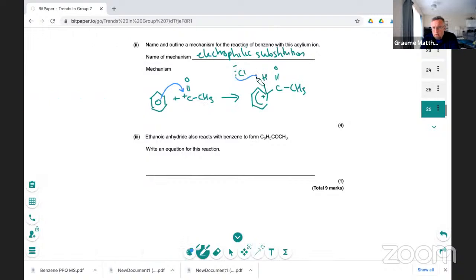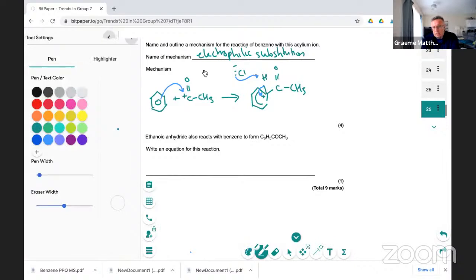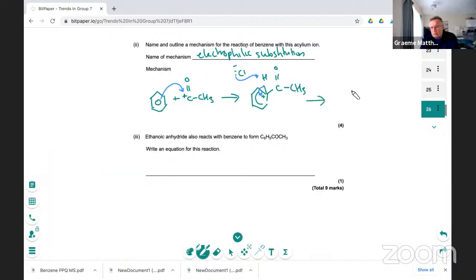Lone pair to the hydrogen. Hydrogen arrow going to the positive. Reform the ring. You've got this. So by now, chemists, you should be able to do this mechanism. I wouldn't say without thinking about it, but you know what I mean. You've done it so many times. Okay. All right. This mechanism is here.